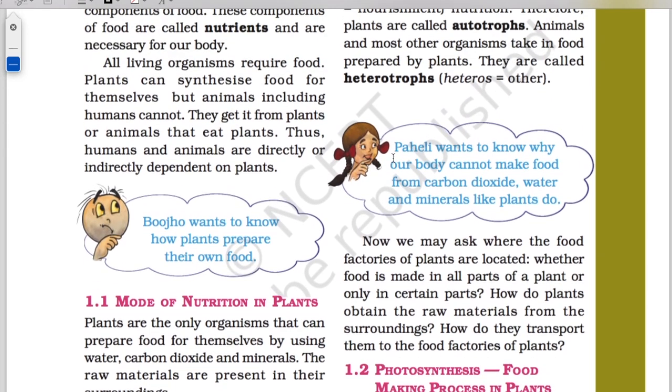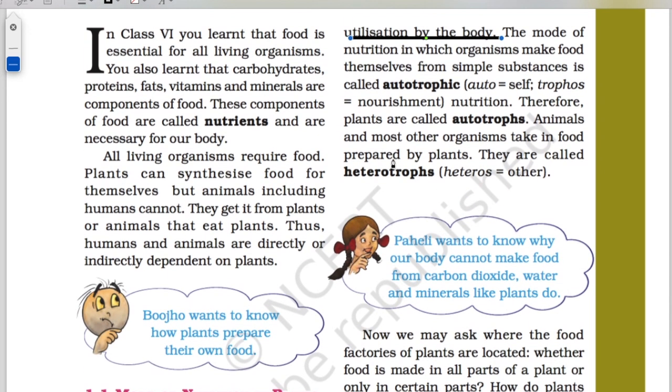In 6th class, you have learned about different types of nutrients. You have an idea about carbohydrates, proteins, fats, vitamins and minerals.